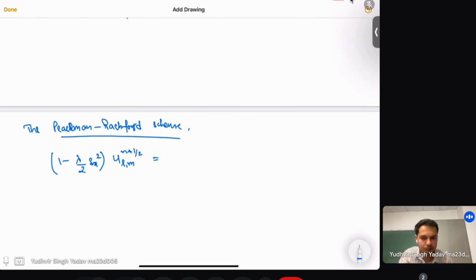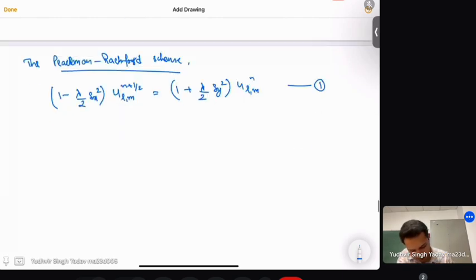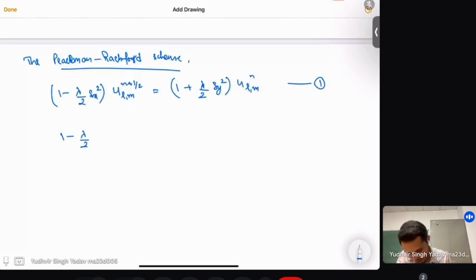We will first find the values at the time step n plus half and then use that in order to find the solution at n plus 1. On the RHS it is 1 plus lambda by 2 delta y square U(L, M) at n. This is our first step. And the second step is 1 minus lambda by 2 delta y square U(L, M) at n plus 1, which is the required time level at which we need to find the solution.